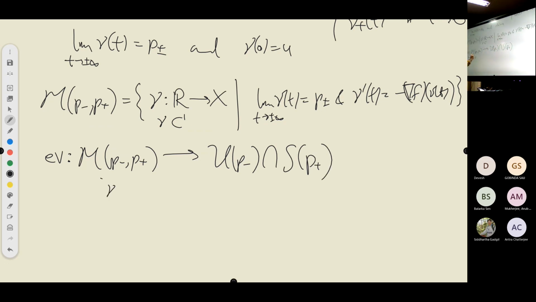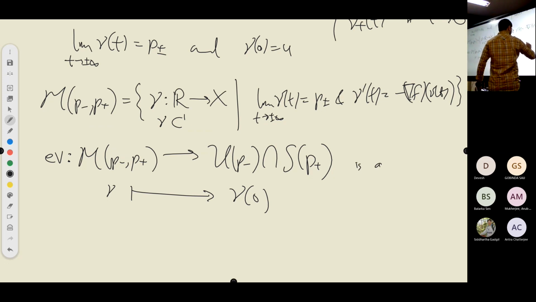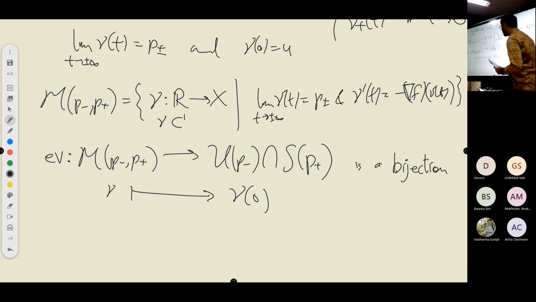You take gamma and map it to gamma of 0. And this is a bijection. Right now we still don't have a topology on this moduli space of trajectories, but we'll get to that shortly. Any questions at this stage?